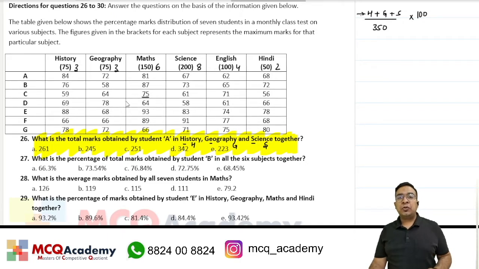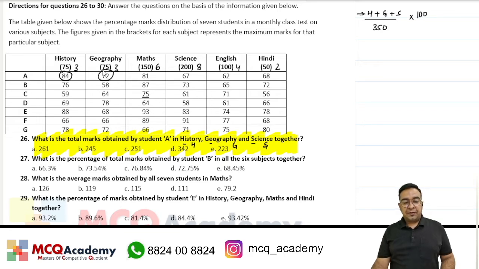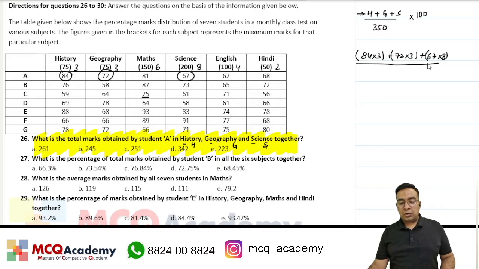Now I'll calculate the weighted average of percentage marks of A in these three subjects, that is 84% for history, 72% for geography and 67% for science. तो कैसे calculate करेंगे weighted mean? 84 into 3 plus 72 into 3 plus 67 into 8 whole divided by the total of the individual weights, that is 3 plus 3 is 6, 6 plus 8 is 14.